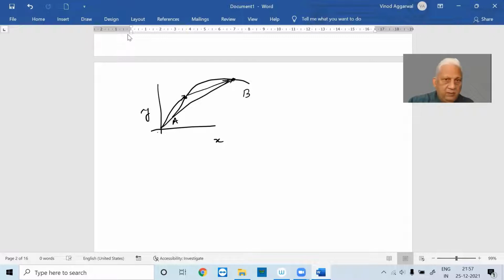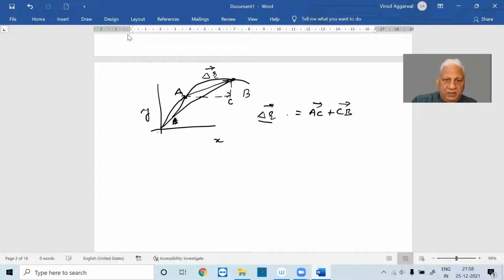Let's call it delta R. Now, if we take this delta R and resolve it into x and y components, we put the point C at this place, A was here, this was B. So delta R is equal to AC plus CB, right?